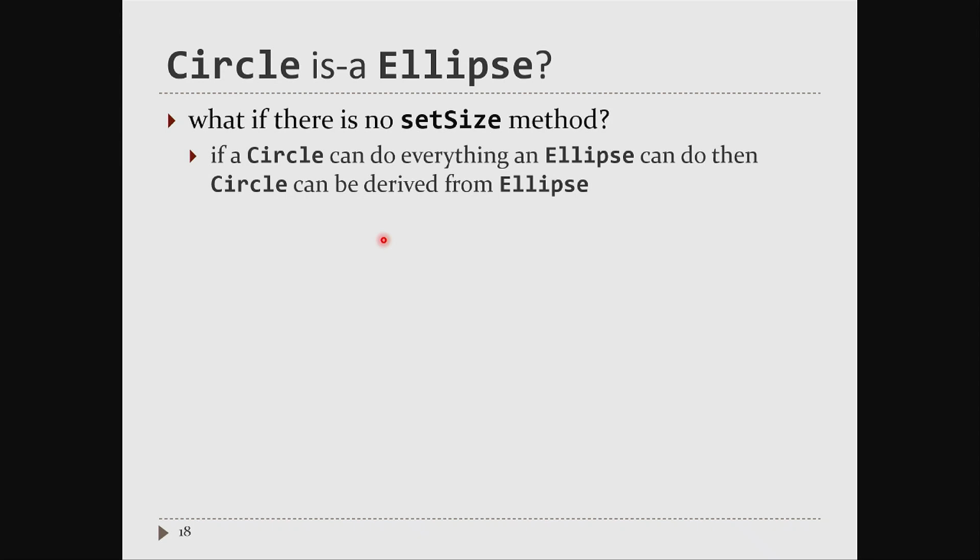If the answer is yes, then you can go ahead and use inheritance. If the answer is no, you had better not use inheritance. And we'll see more examples of that probably in the next lecture or next week. If you've been reading the notebooks, you've probably already encountered a bunch of examples.